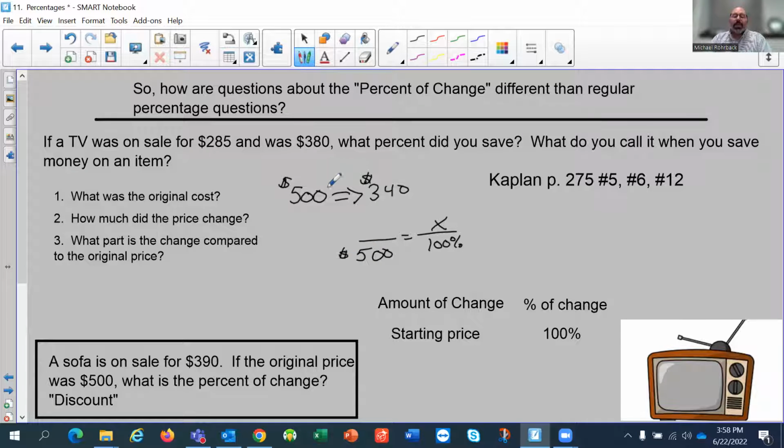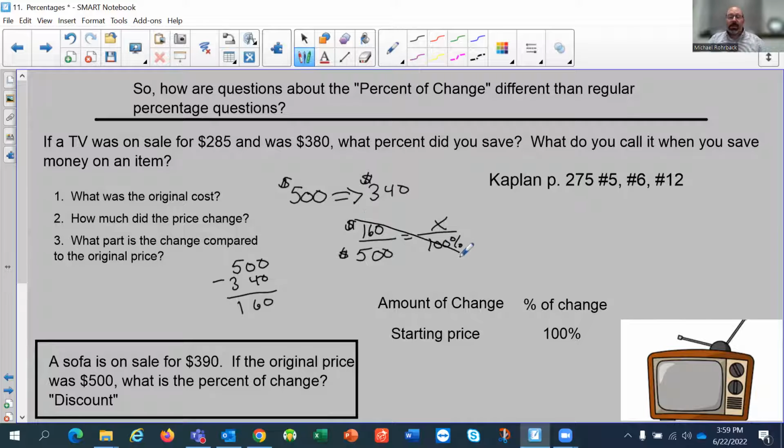How much change happened here? So 500 minus 340 is how much it changed. That's going to be 160. So that is how much it changed. That's the number that you put there. Now you're going to cross multiply, divide, and get your answer.